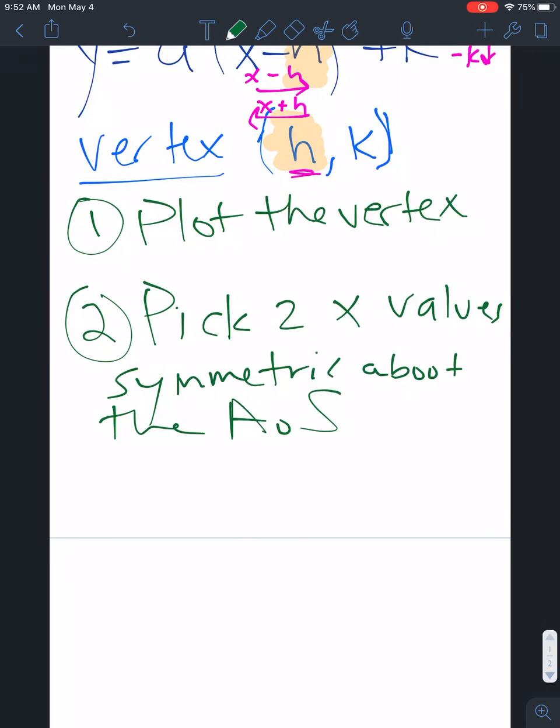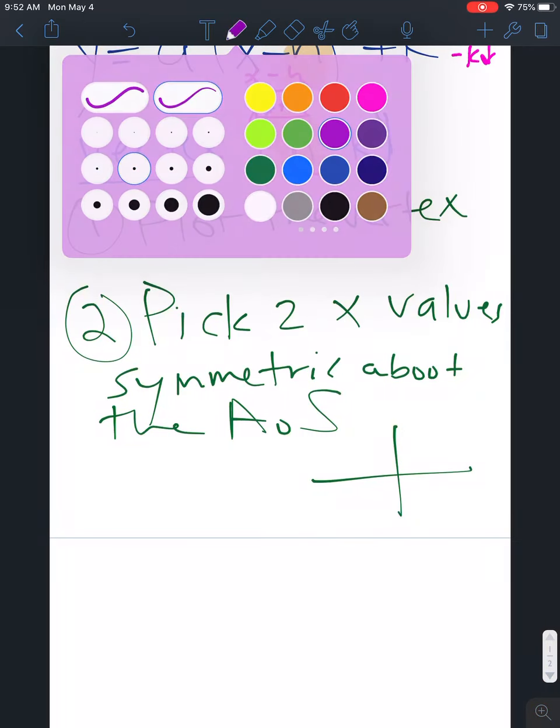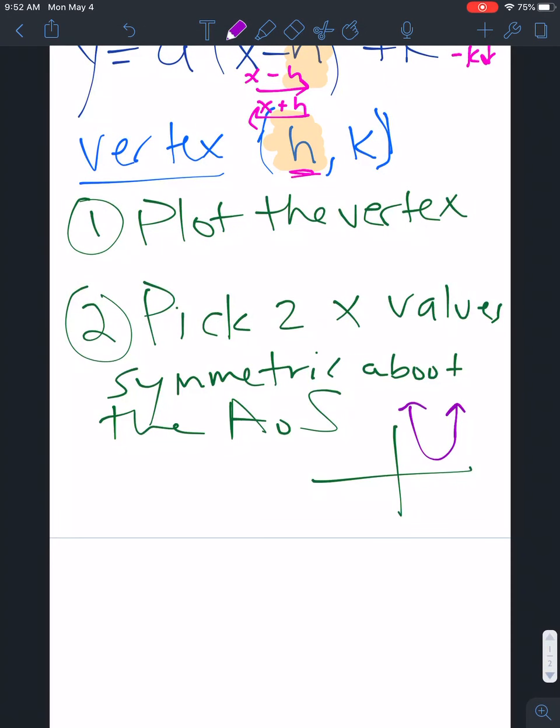So you pick 2 x values, and you have your vertex somewhere over there. You know that your axis of symmetry always goes through that vertex, so that's always going to be at x equals h.